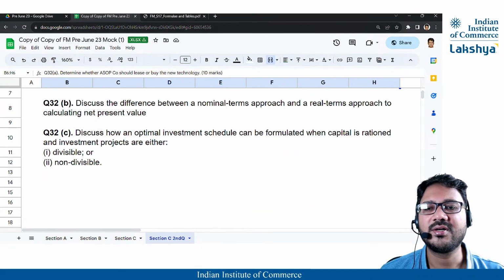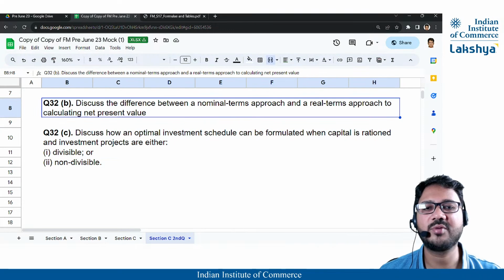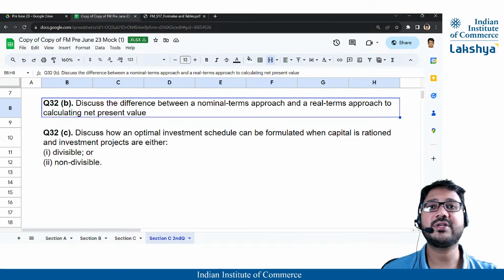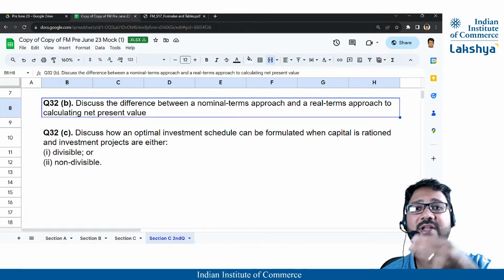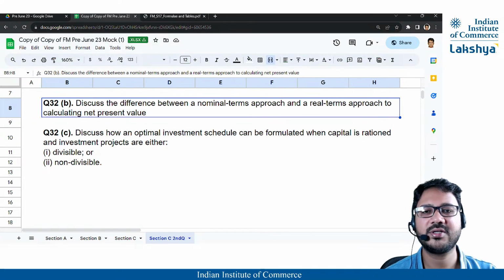So this from the notes, you can just write on this, okay? Write on this nominal terms approach, real term approach. So nominal is basically your discounting rate will be nominal when you have specific inflation rate. So you are going to inflate each and every cash flow as per their respective specific inflation rate. And then you will have the nominal discounting rate.